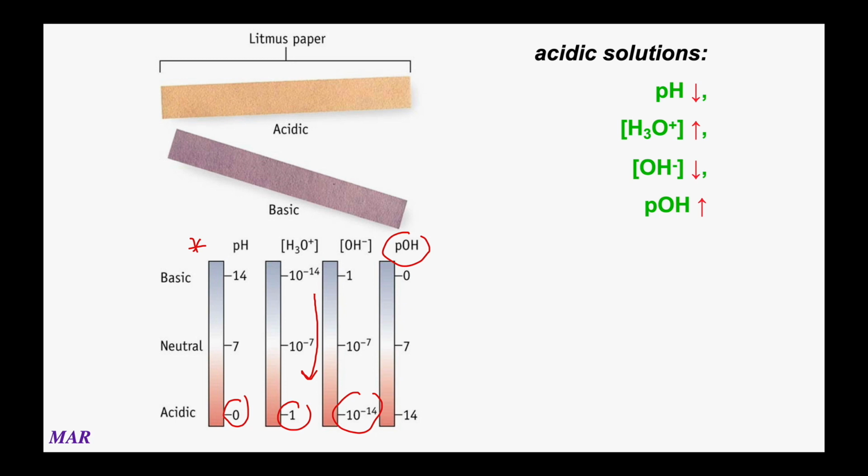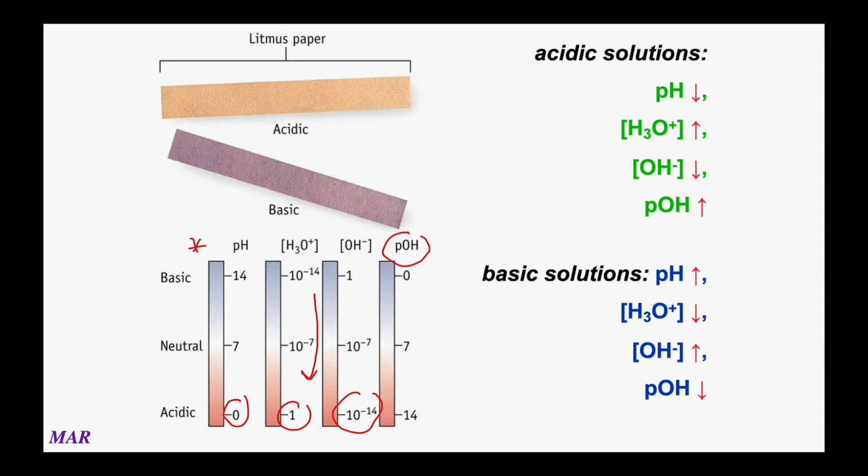Low hydroxide, high pOH. So notice this back and forth. Again, acidic solutions: low pH but high hydronium. High hydronium means low hydroxide. Low hydroxide means high pOH. Think about this in your mind. Get this clear. It makes your life a lot easier.